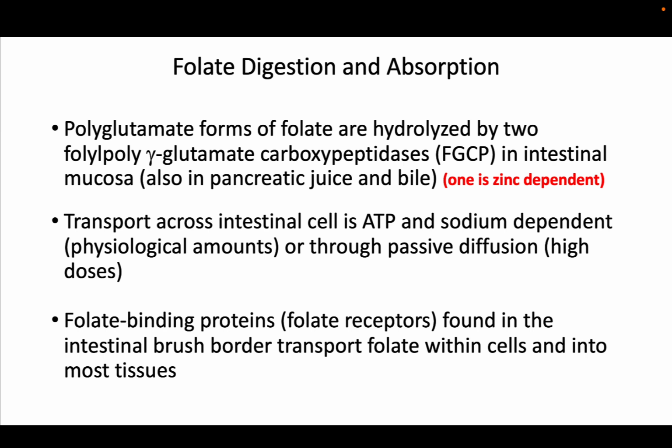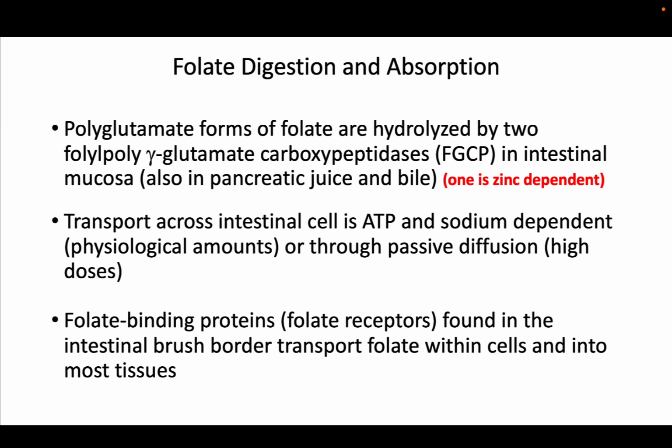So if you consume your folate from natural sources that have all those glutamic acid chains on them, then this is the reaction. In order to cleave off glutamic acids, you have to have zinc as a cofactor for this enzyme. So if you're zinc deficient, then breaking down natural folate can be hard. And so this would be a place where if you were zinc deficient and while you're trying to get your zinc status back up, you could take a folic acid supplement and then you would absorb that without any trouble at all because you don't need this enzyme for that.